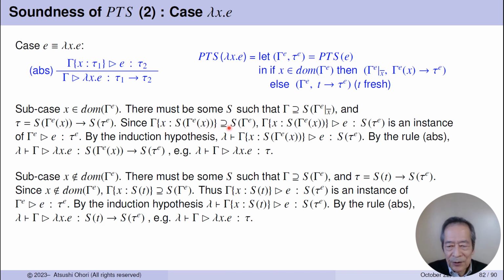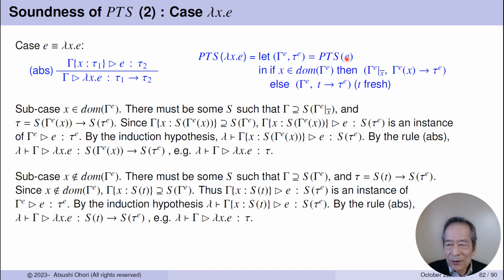So this inclusion is valid, and therefore this typing is an instance of this typing, right? Because this S is a witness to generate from this instance. So this is an instance of this principal typing obtained by this recursive call.